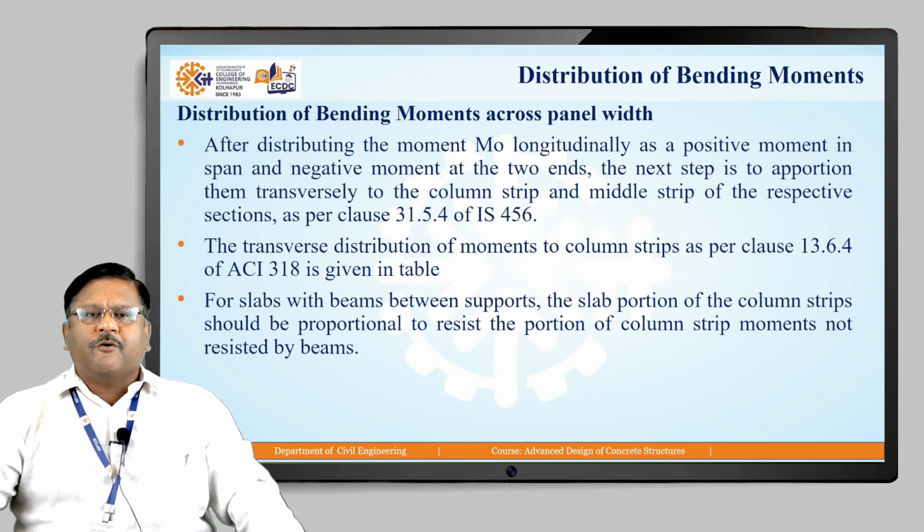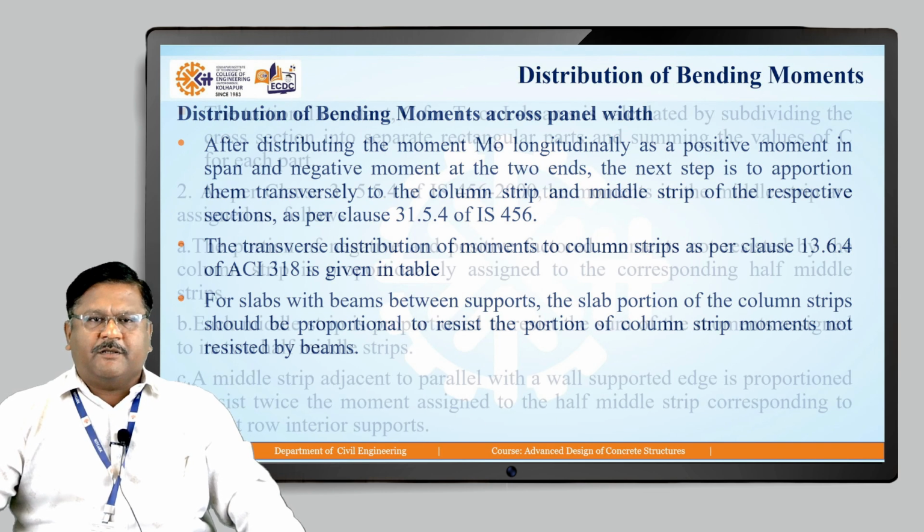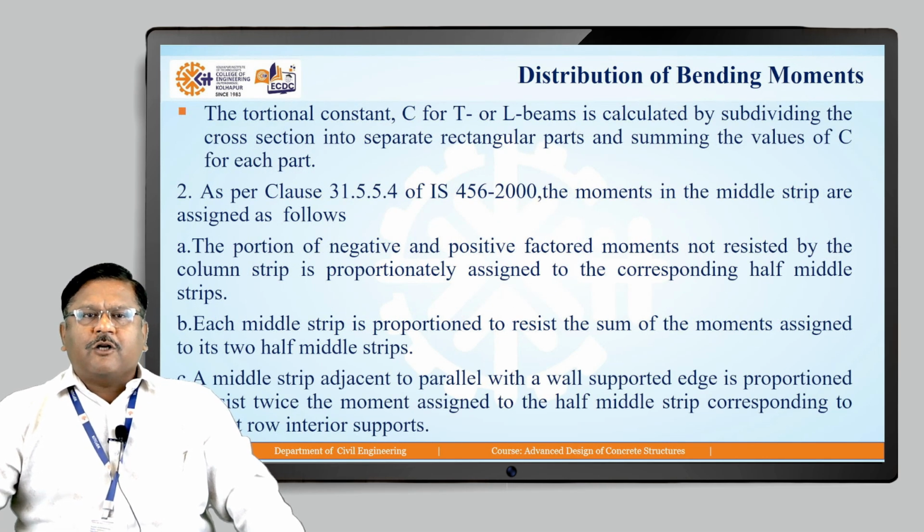So whatever moment is carried by the beam, that moment is distributed in the column strips instead of distributing that moment in the beams. The torsional constant C for a T or L beam is calculated by subdividing the cross section into separate rectangular parts and summing the value of C for each part.